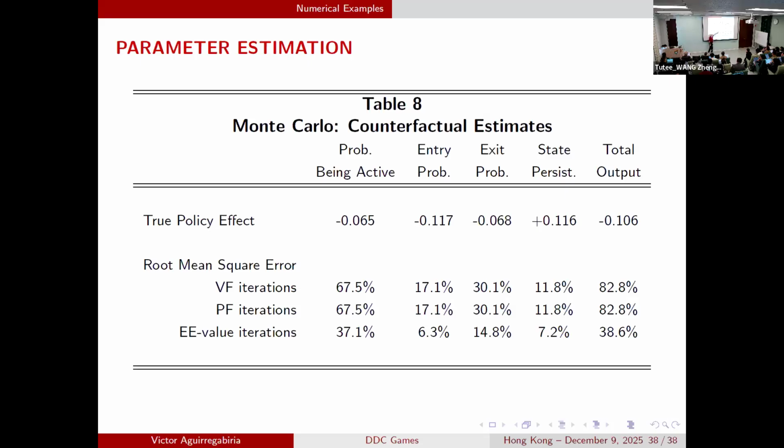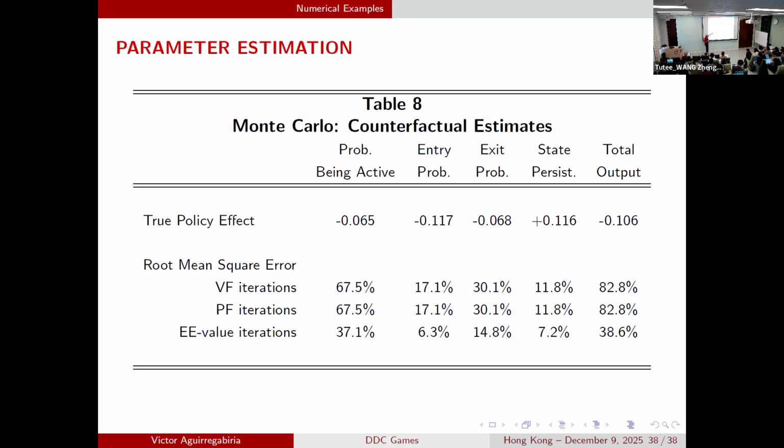The root mean square error relative to the true value that we get with the different methods, where all the methods are subject to the same budget constraint of time. That means that because some methods take longer than others, the researcher will have to discretize more or less, depending on the method.